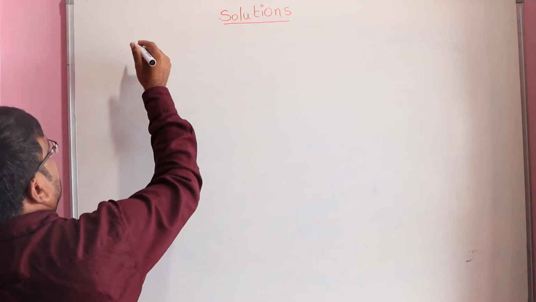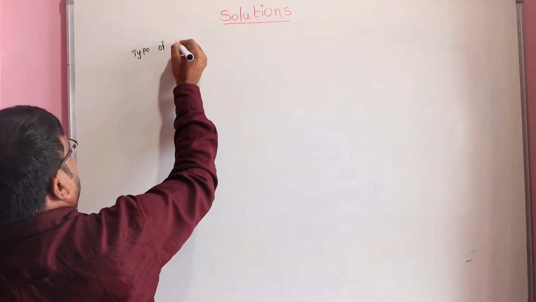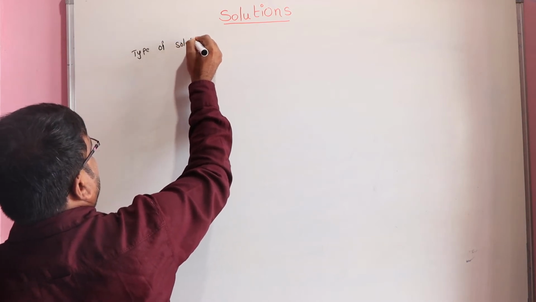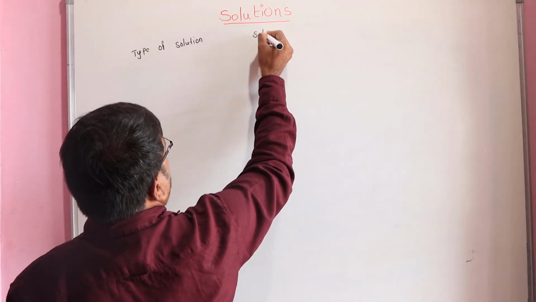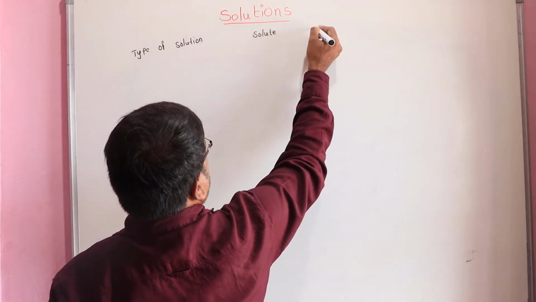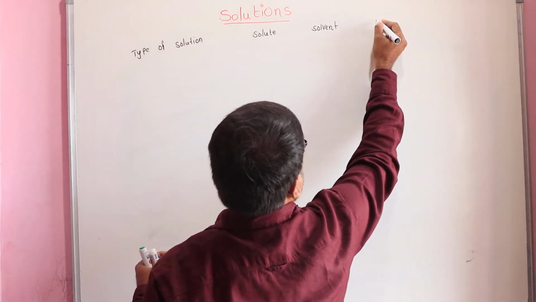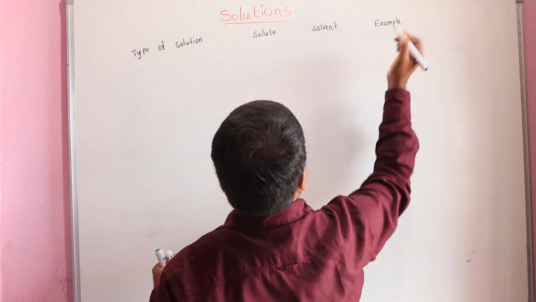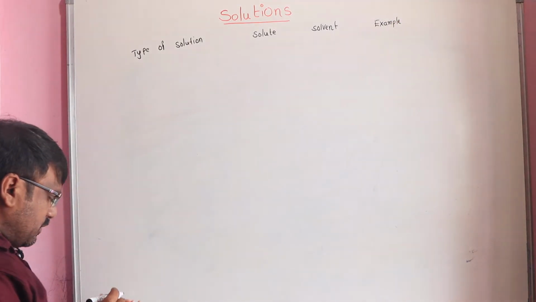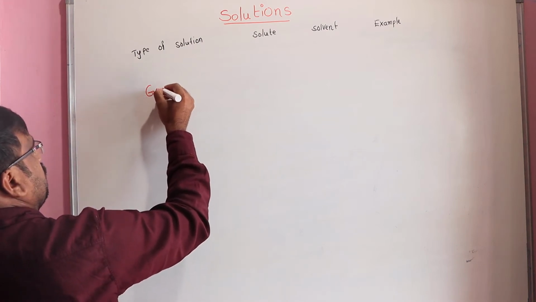Here, first the type of solution, next the solute and solvent in that solution, and then an example. The first type of solution is gaseous solution.